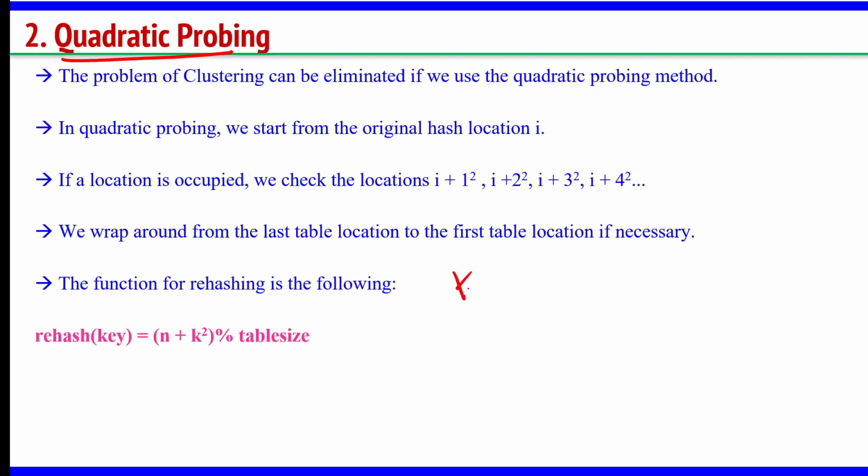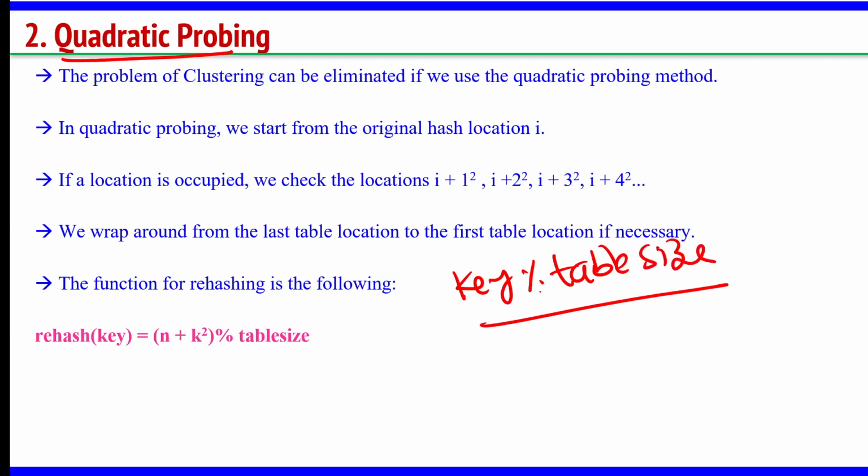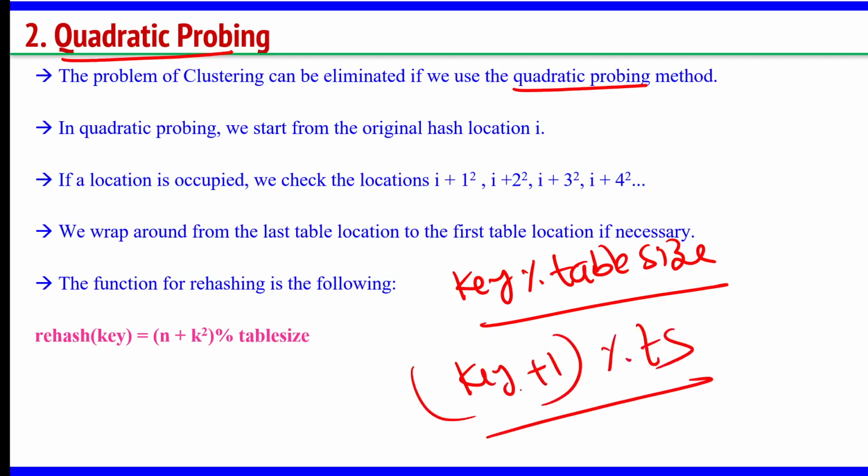Your basic logic will be the same, key modulo your table size to fill the element. Okay. Once a collision occurs, in quadratic probing, how do we find the new location? In linear probing, it is n plus 1 modulo table size, right, whereas in quadratic probing it is n plus k square modulo table size, where k ranges from 1, 2, 3 and 4 and so on.